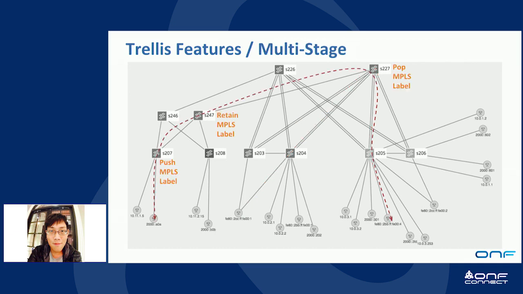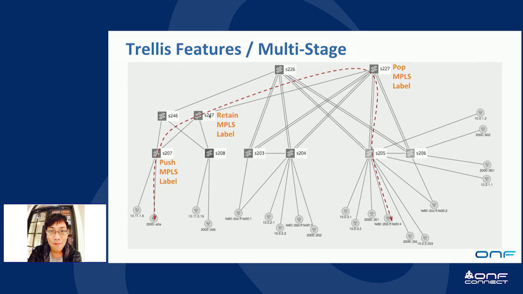Multi-stage, we also support multi-stage routing. So what's going to happen is that in a single stage, we push the MPLS label at the leaf, and we pop the MPLS label at the spine. But since now we have one more layer, we have a second stage spine over here. So what happens is that when the traffic starts from here and reaches 207, it still pushes an MPLS label that represents the destination leaf. In this case, it would be 205. So it pushes label 205 over here.